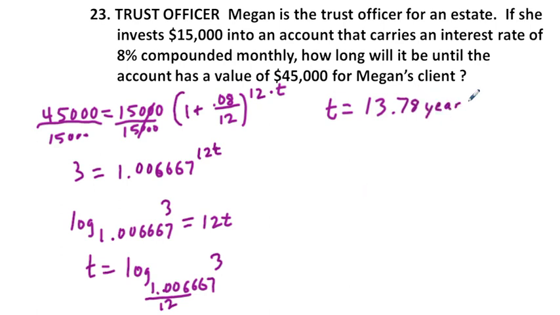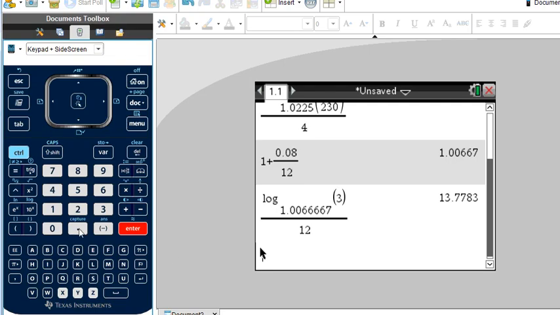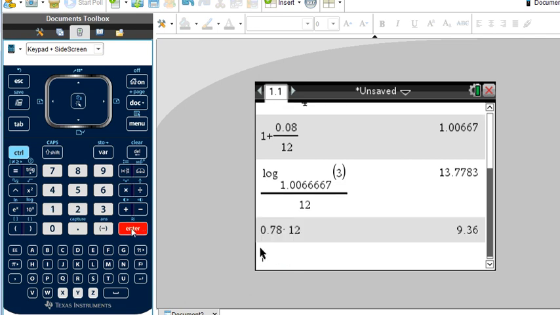And how many months is that going to be? Well, if we take the 0.78 and multiply that by 12, we get 9.36 months. So if we're compounding monthly, we're going to have to round up to the next month.